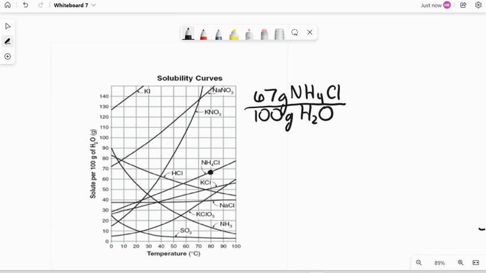And the reason we're going to do this is because what if they gave you a problem that said, I don't have 100 grams of water, I have 50 grams of water, and you want to know how much can dissolve in 50 grams of water.